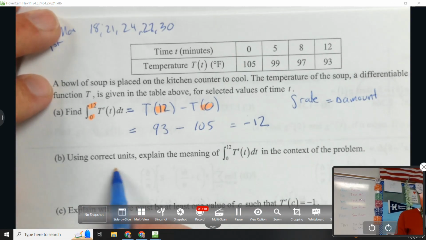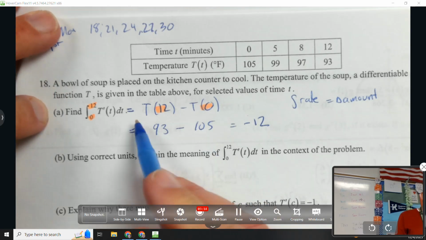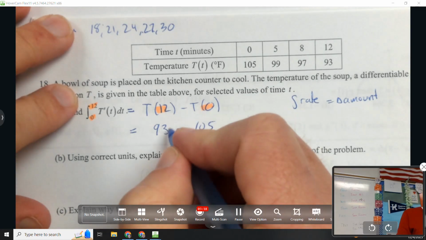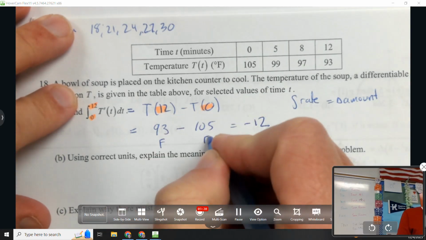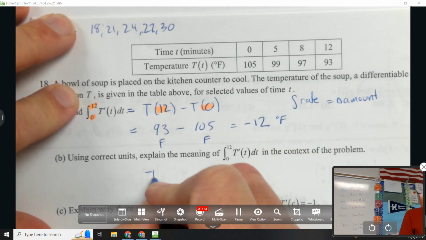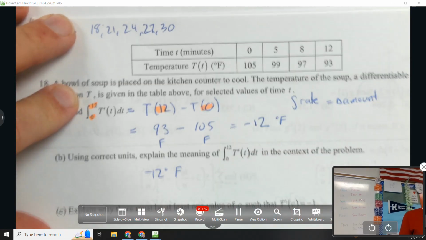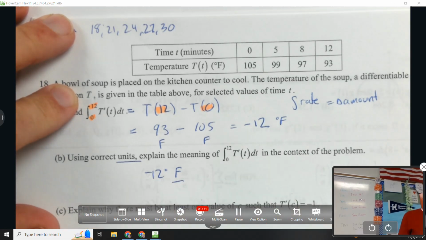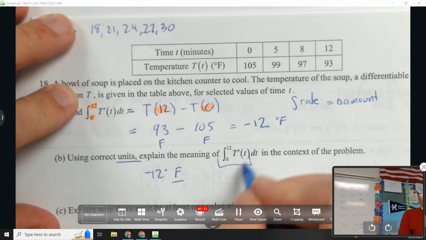All right, using correct units, explain the meaning of, I think I just answered this question. Explain the meaning of what we just found in the context of this problem. So let's put units on this. These were both in Fahrenheit. So the answer was negative 12 degrees Fahrenheit. So there's my units, Fahrenheit. And the meaning is that's the change in temperature.